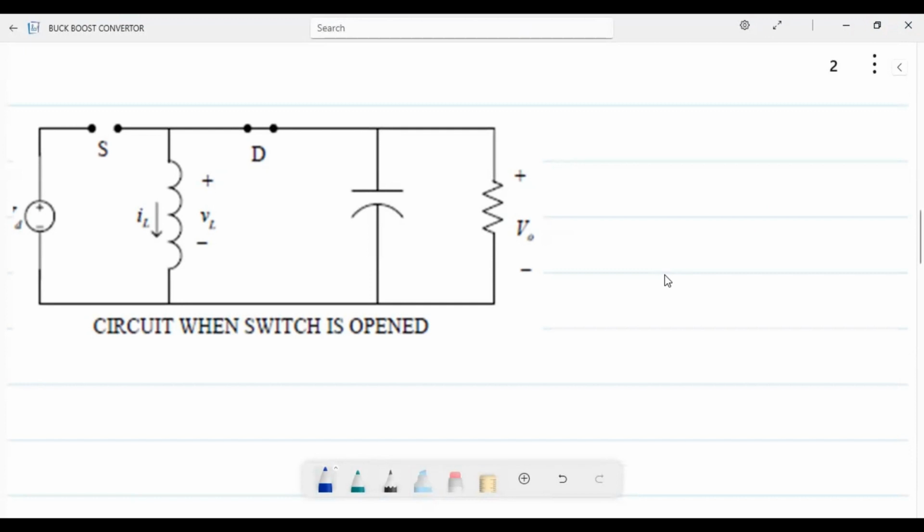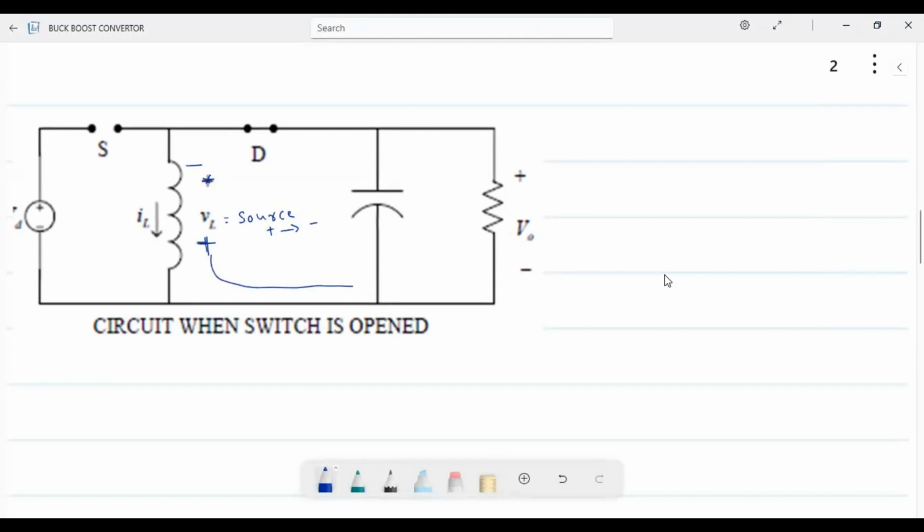And what will happen when the switch is in the open position? So when the switch is in the open position, suddenly we are opening the switch. The inductor polarity will be changing. Here it will be negative and downside it will be positive. It will change the polarity and this inductor will act like a source. And the current flow will always be from source positive to source negative.